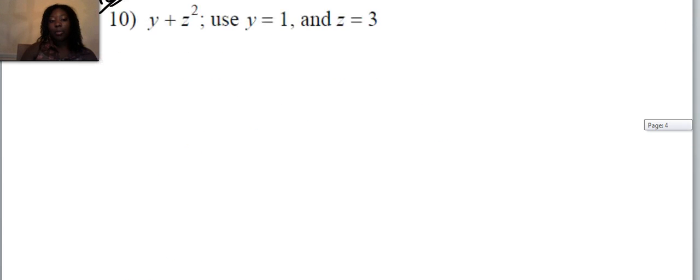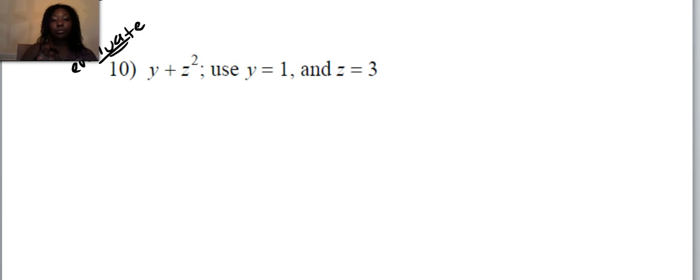Alright, what if we have squares? Again, replace. When I see y, I'm going to replace it with 1. Instead of y, I'm going to have 1. Instead of z, I'm going to have 3. Okay, so 1 plus 3 squared.